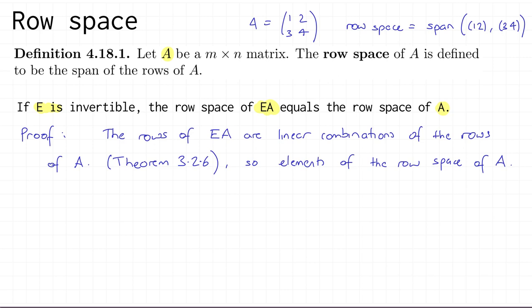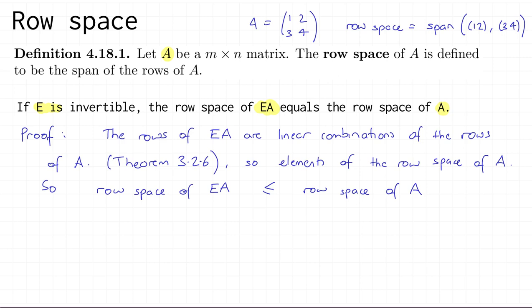So the subspace spanned by the rows of EA will, again, be a subspace of the row space of A. So the row space of EA is a subspace of the row space of A. Okay, but now we can just play the same game again.